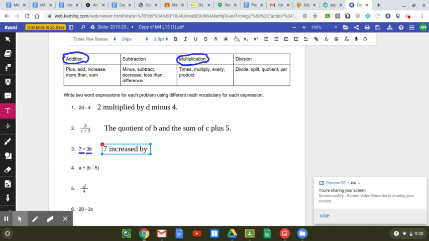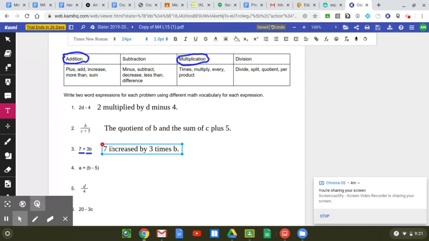Increased by, let's see which words I've already used for multiplication. I used multiplied, so why don't I go ahead and use times here. So I'm going to do 7 increased by 3 times B. So I have the 7 plus, that's 7 increased, and then 3 times B, like that.